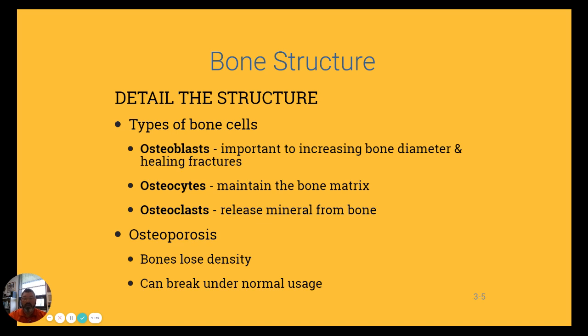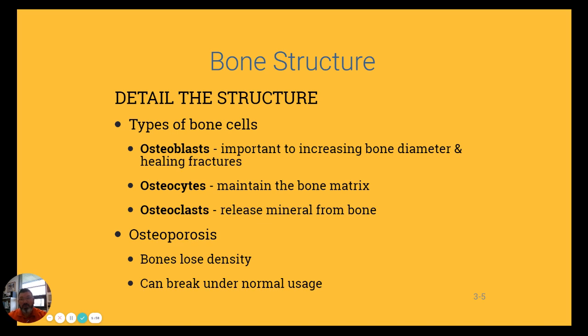And the osteoclasts, which are actually responsible for releasing mineral from the bone. As I mentioned at the end of my previous lecture, for example, calcium is stored highly in bone structure, and whenever the body needs excess calcium over and above what's supplied in the diet, the body can rely on bone to storehouse it and then deliver it.